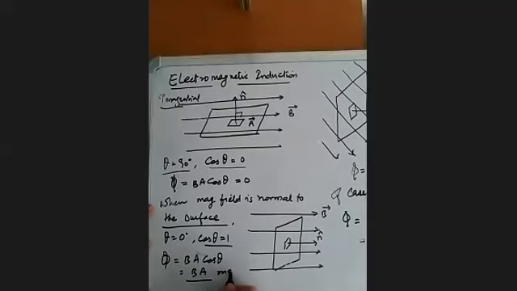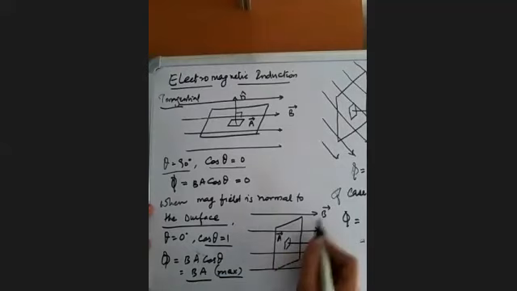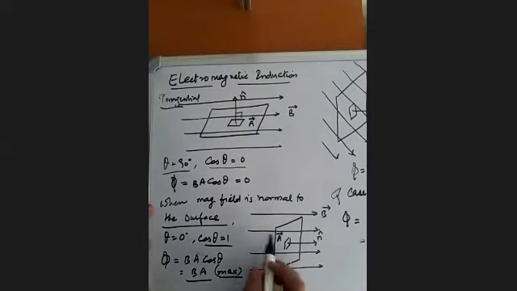So this is the maximum we can get of any dot product. So this is the maximum value. So flux associated with this surface when the angle between A vector and B vector is 0 is maximum, because the direction of B is such that it is acting normal to the surface.